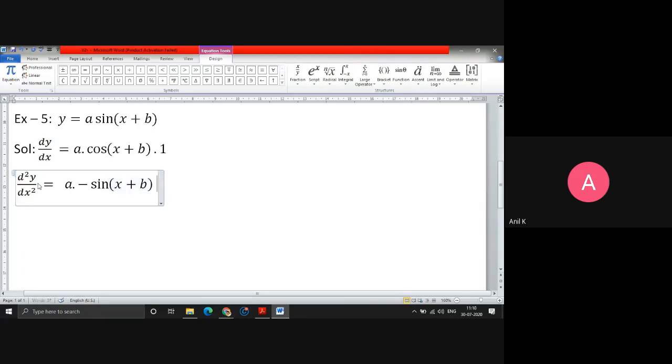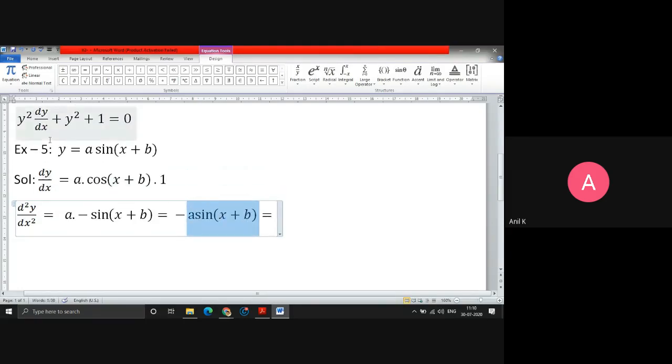So this you can write finally as minus a sine (x plus b). I am bringing the minus sign ahead. Just look at this: a sine (x plus b) is nothing but y, because y is given as a sine (x plus b). So in place of a sine (x plus b), I can replace it with y. You have the minus sign, so minus y.